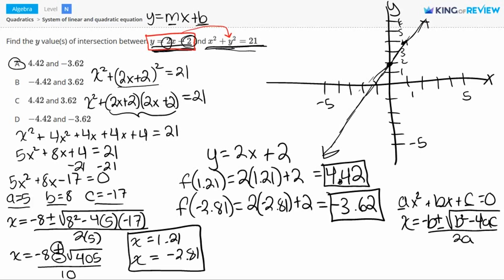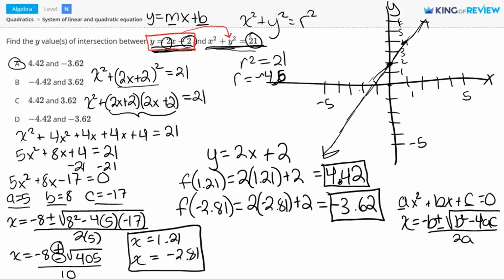And now let's look at the next equation. We have x squared plus y squared equals 21. We know that this is a circle because it's in the form x squared plus y squared equals r squared, where r is the radius. In this case, the center of the circle is at the origin, and we can figure out the radius because r squared equals 21. So if you take the square root of 21, you get a radius of about 4.6.